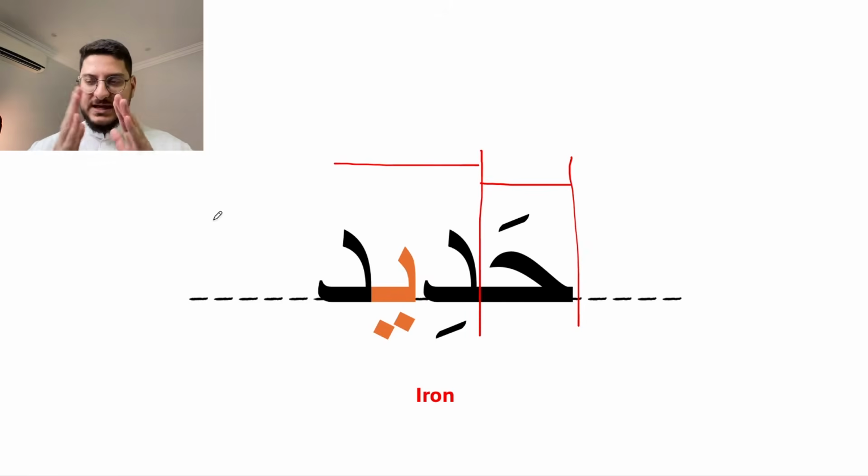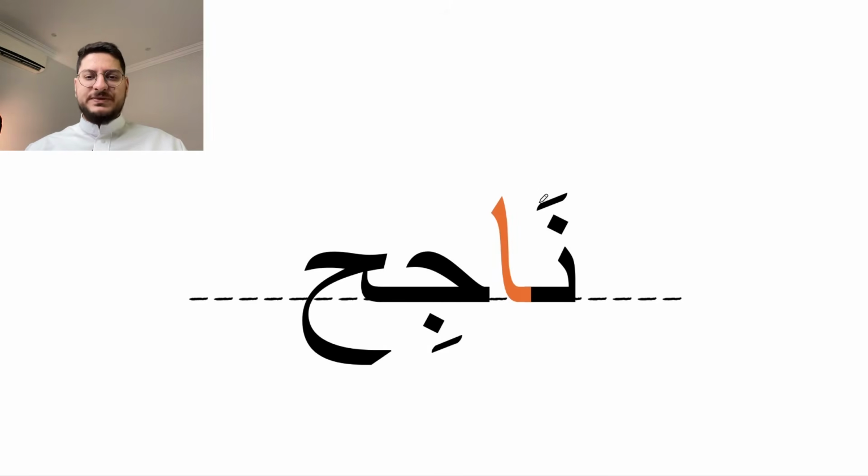And again, please always pause the video first. Try to read the word on your own and then see how I do it. Okay, let's look at this one. I see a fatha here, so that will be the beginning of a new syllable. I see a kasra here, that's the beginning of another syllable, and always I draw this vertical line before the letter with the haraka. So the first syllable is na, twice as long because of the alif, na.